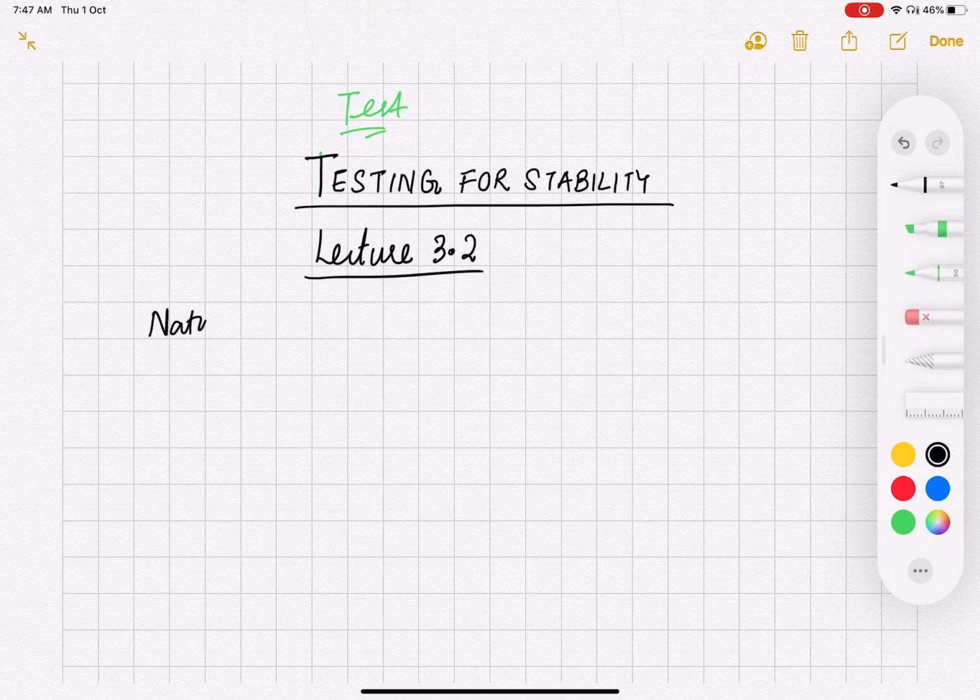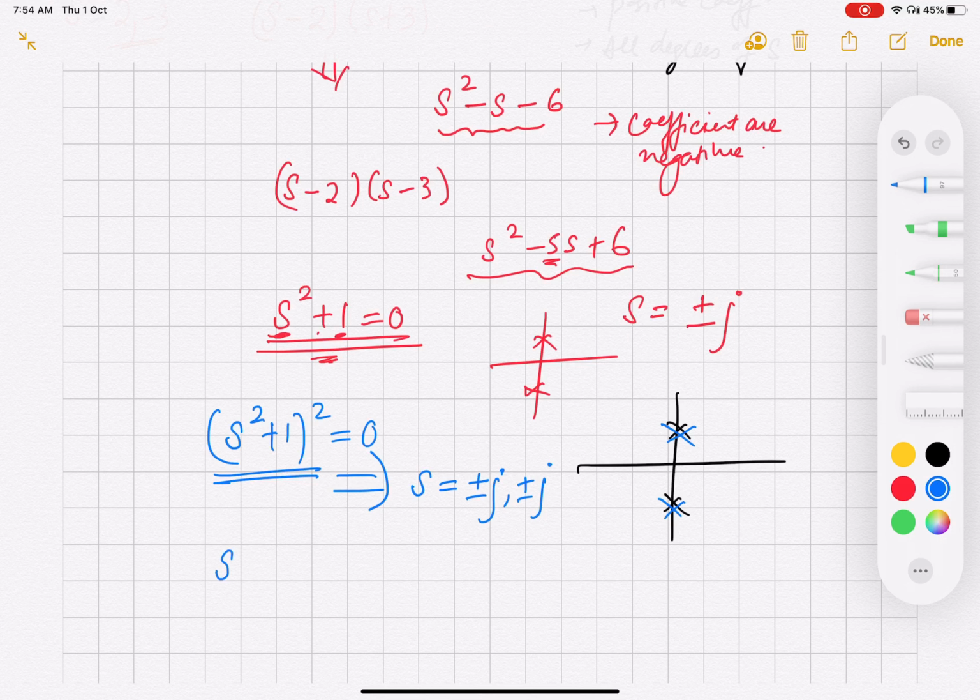There are 4 poles on the j omega axis, right? Or you can say there are poles of multiplicity 2 on the j omega axis. Now, if you look at the full form of this, it is s4 plus 1 plus 2s square equal to 0. So s4 plus 2s square plus 1 equal to 0.